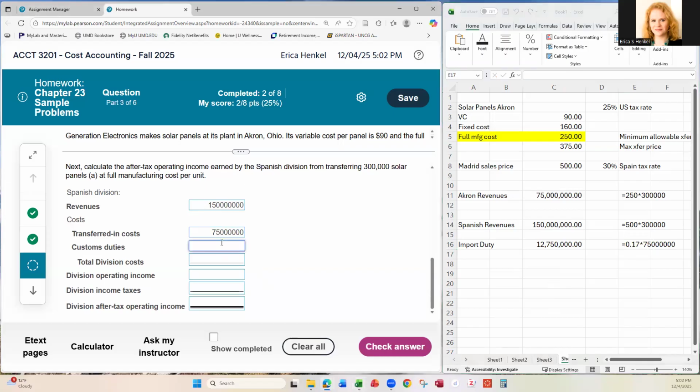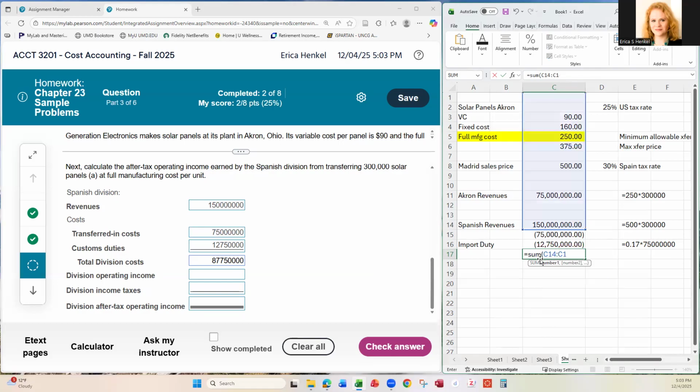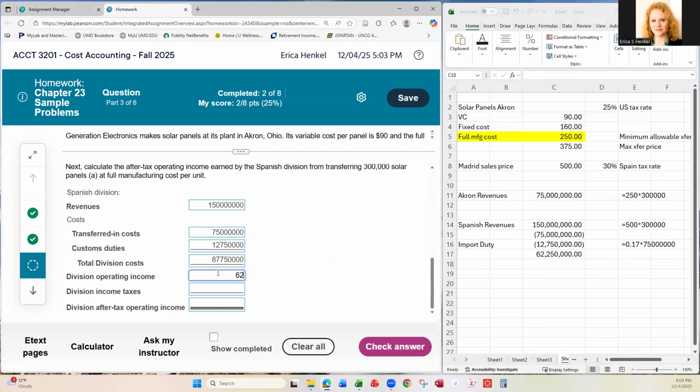So 12,750,000. I'll put a minus there. So total costs here are going to be 87,750,000, giving us a divisional operating income of $62,250,000.